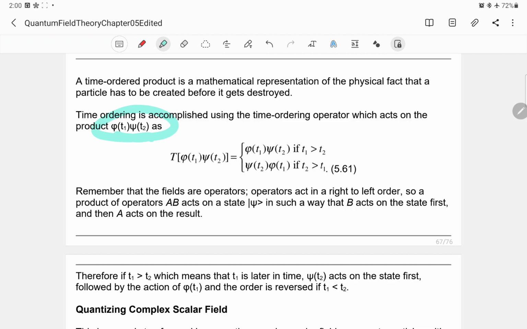You have phi t1 and psi t2. The time ordered product is this one if t1 is greater than t2, and this one if t2 is greater than t1.